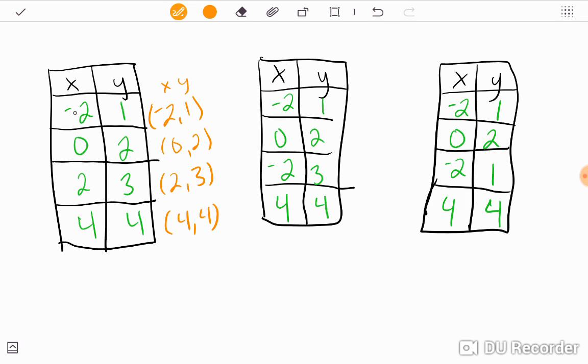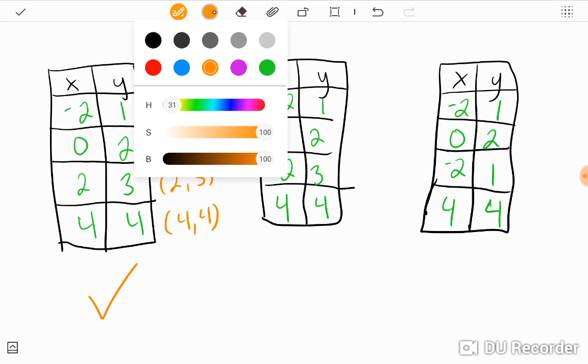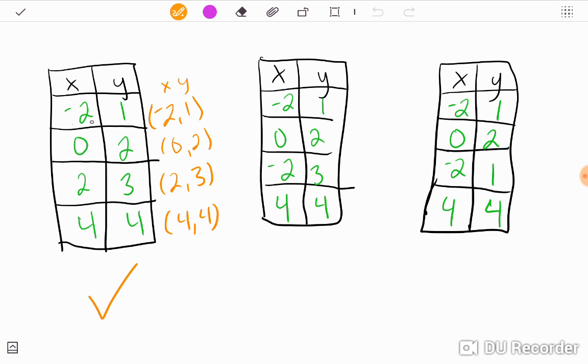If you have all different inputs, or all different x's, or all different domains, depending on how they word it in the problem, that is going to be a function. So all you need to do is look at these x values. Are there any repeats? Nope. All right, good, we're fine. Now, if this were, let's say, a 1 here, that's okay because the inputs, or the x's, are still different.